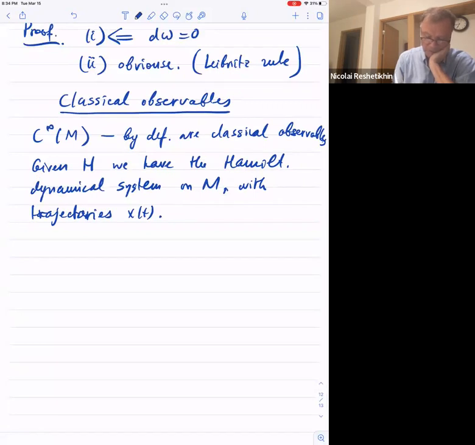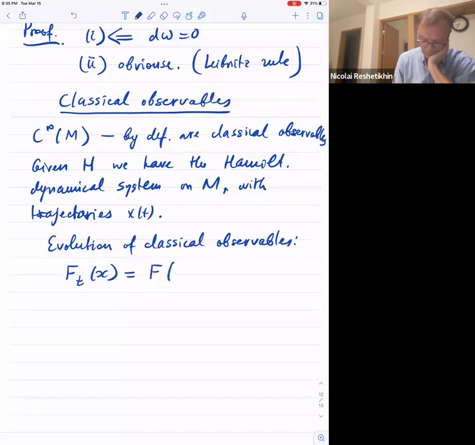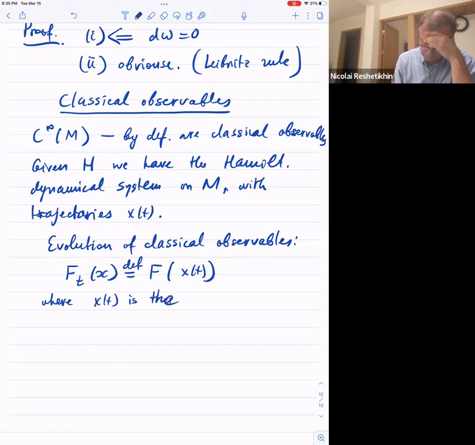So we can define the evolution of classical observables: f_t(x) is equal, by definition, to f(x(t)), where x(t) is the trajectory that originates at x.